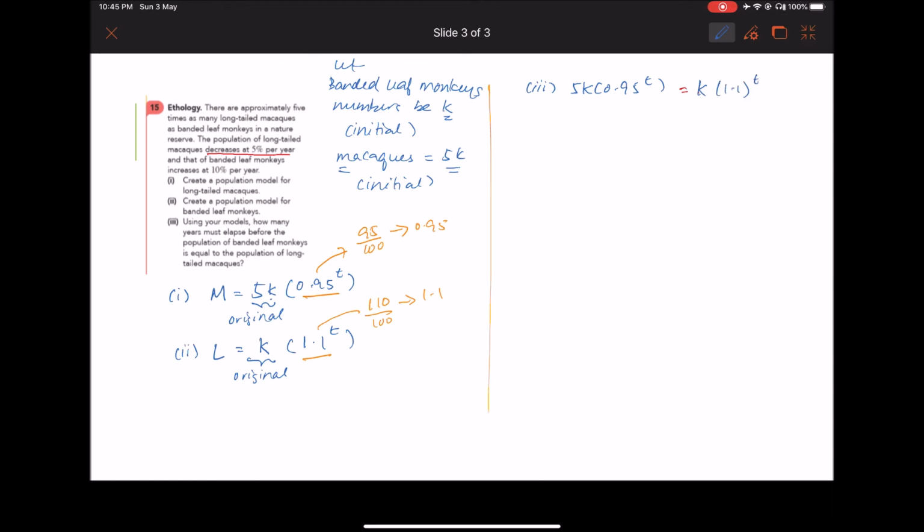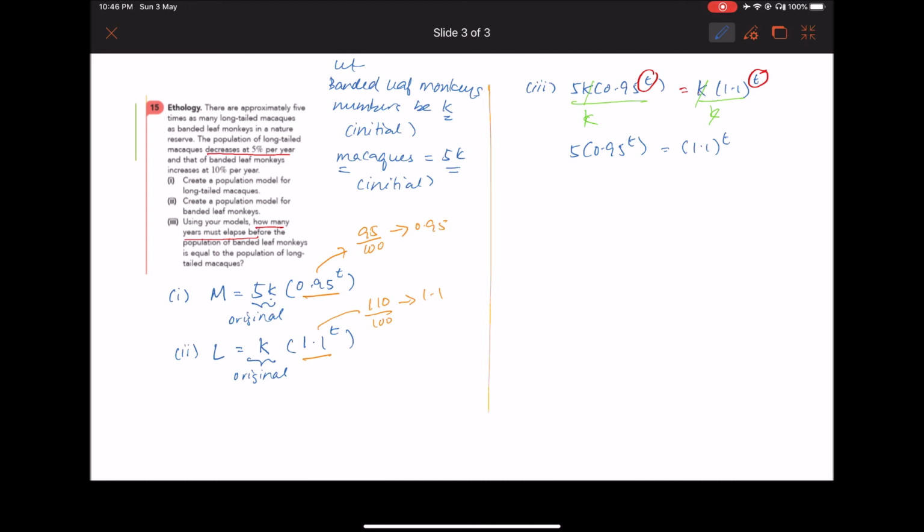What we're going to do now is find out the time, because they say how many years must elapse. So the question is how many years must elapse, so we are trying to solve for T here. If you look very carefully, you can see that I can divide both sides by K. So I divide out. From here, all I have is 5, 0.95T equals 1.1 T. All the T terms I can bring to the same side.